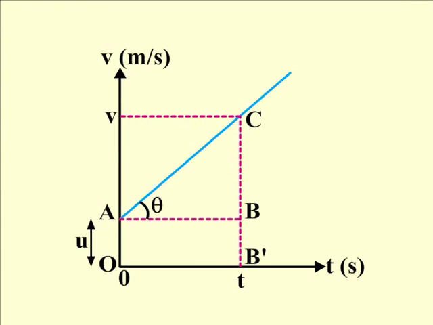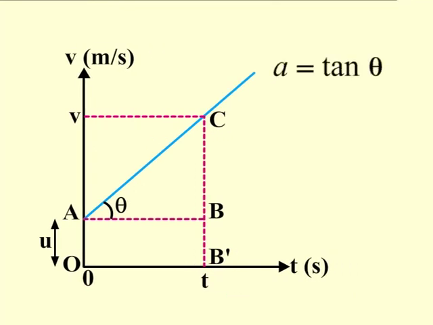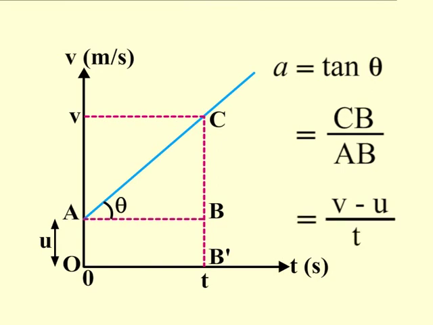For convenience, let u be the initial velocity at time t equal to 0 and v be the final velocity at time t. Then acceleration a is equal to tan theta, which is equal to the ratio of CB and AB. That is the ratio of v minus u divided by t.